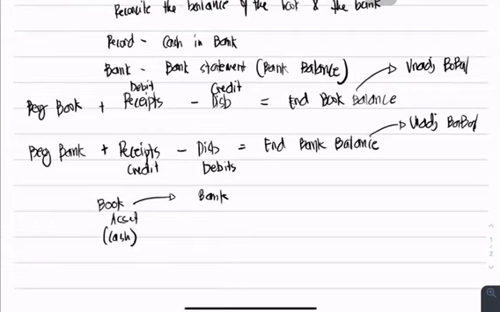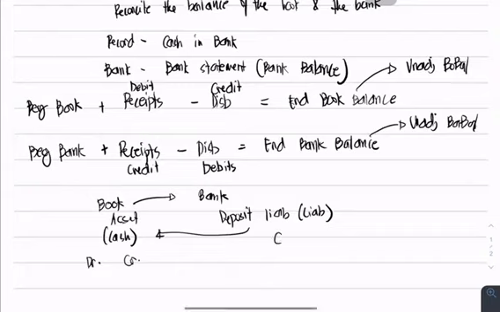The bank in turn has a deposit liability over the book. The deposit liability is, of course, a liability. What is the normal balance of your asset? Debit. The other side, credit. What is the normal balance of your liability? Credit. The other side is debit.